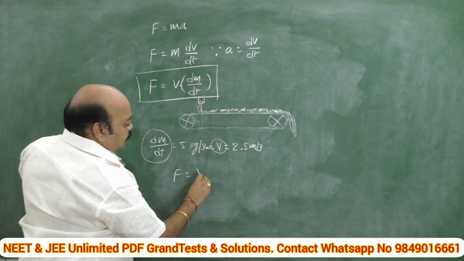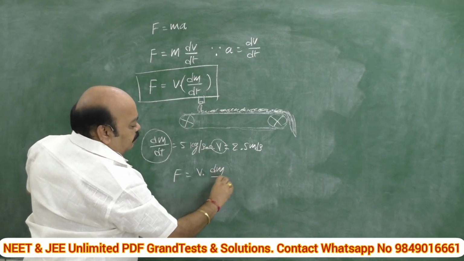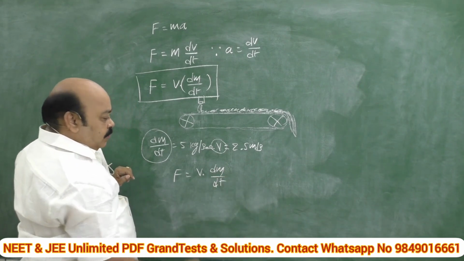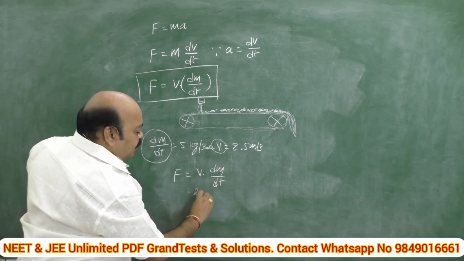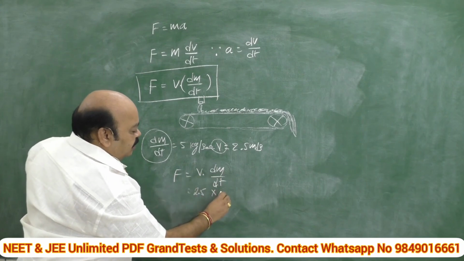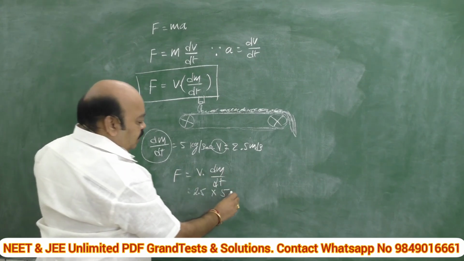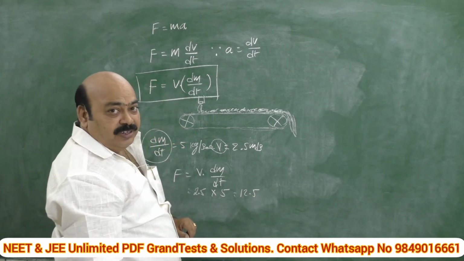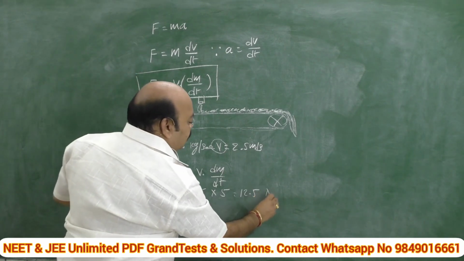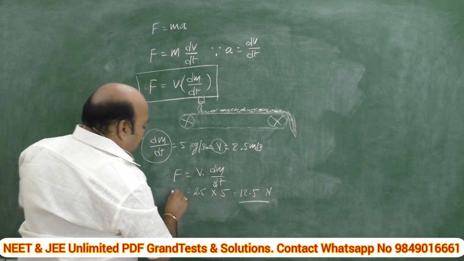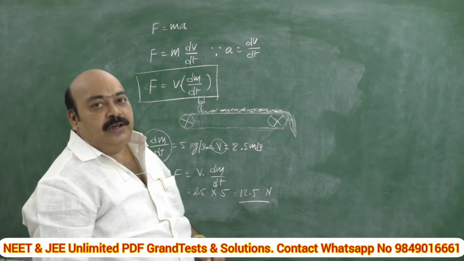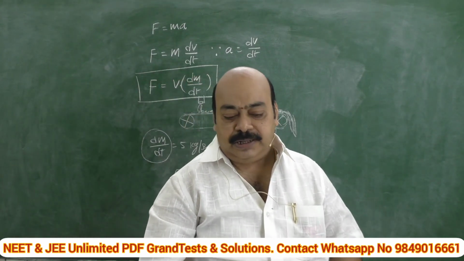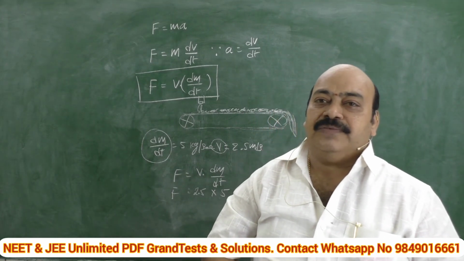F is equal to V into dm by dt. V is 2.5 into dm by dt, which is once again 5. It is nothing but 12.5. Can you write the unit of force? Good. It is Newton. Newton is the unit of force. This is the force required to maintain the conveyor belt moving with a constant velocity.